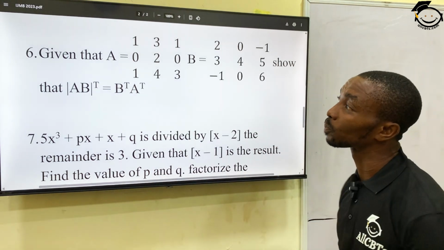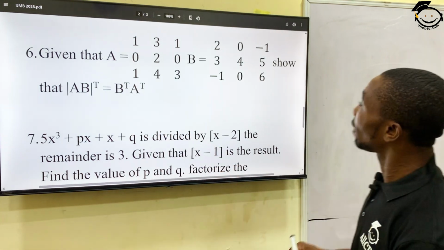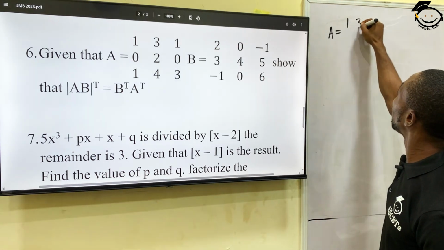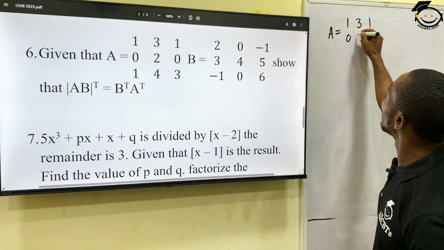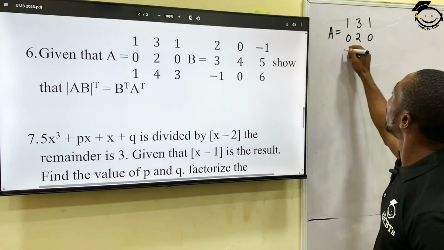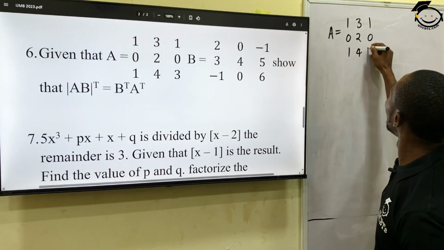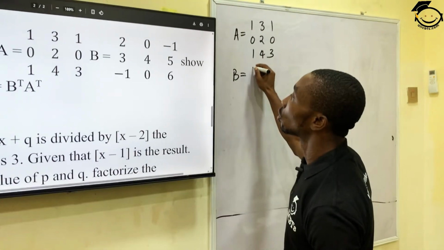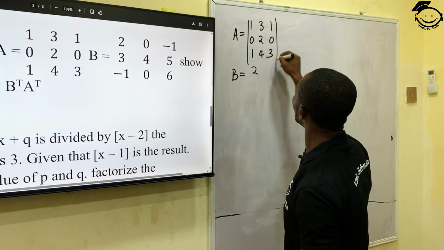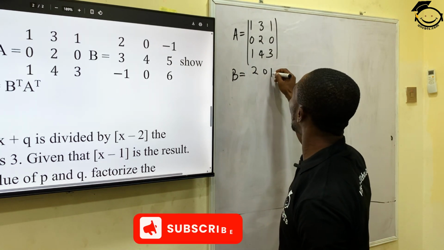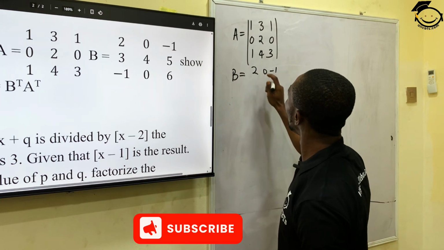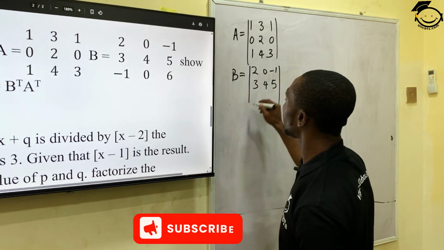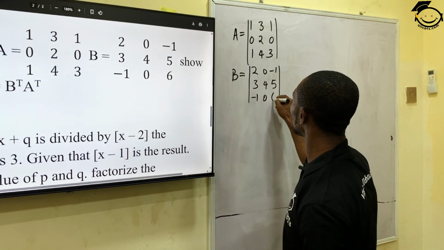Now, question 6. Given that matrix A is 1, 3, 1, 0, 2, 0, and 1, 4, 3, and matrix B is 2, 0, 1, minus 1, and 3, 4, 5, minus 1, 0, 6.